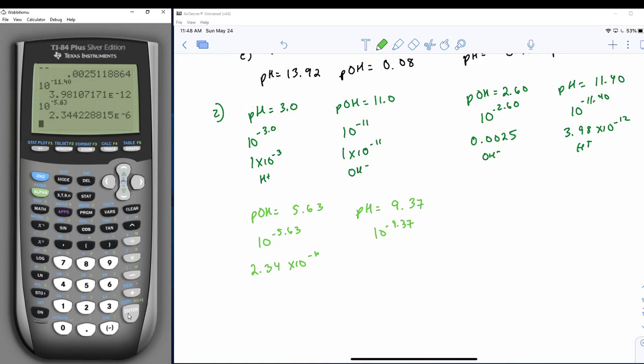That gives 2.34 times 10 to the negative 6, and then 10 to the negative 9.37 is 4.27 times 10 to the negative 10, as your OH minus and your H plus. Continuing on.